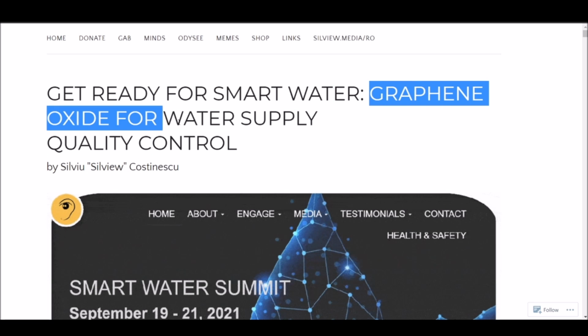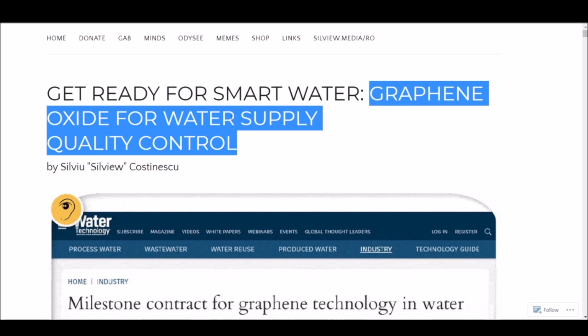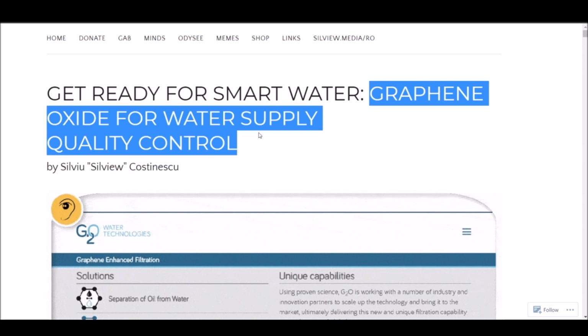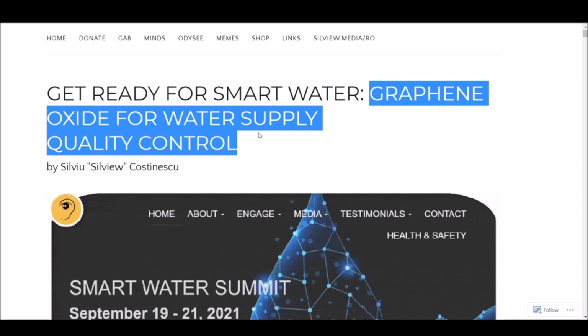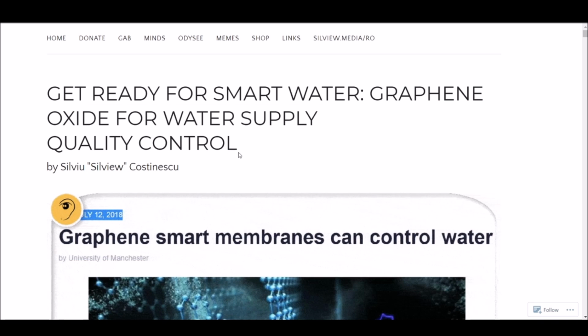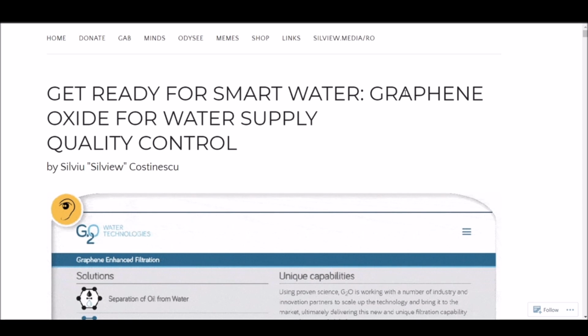Graphene oxide for water supply quality control. Here's the thing, okay? We've survived as a species this far without this nanotechnology in the water. There is no need for it.